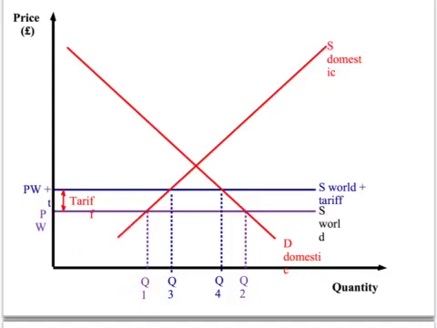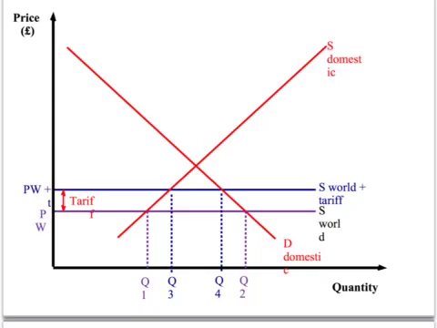At Q1, the domestic price rises above that of the world price, so we will switch to buying from the world suppliers, and this will continue all the way up until it meets the demand curve here, giving us Q2.